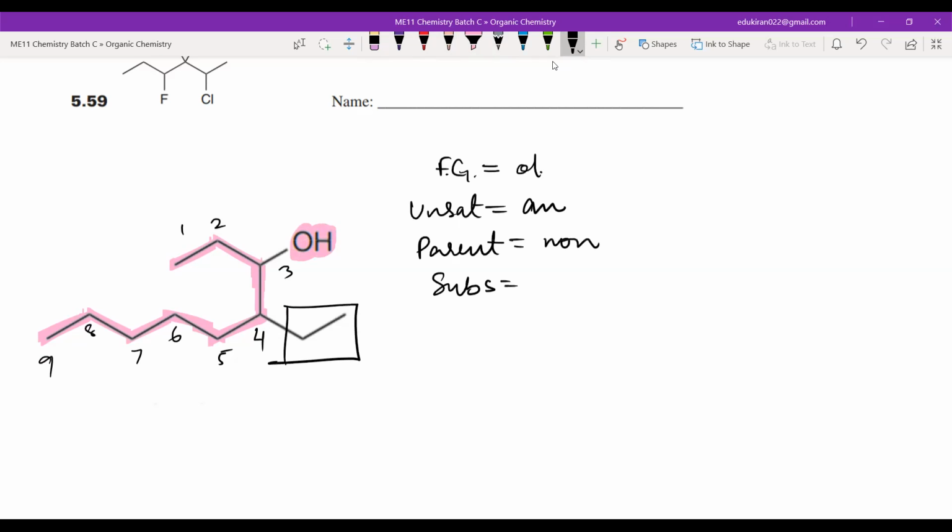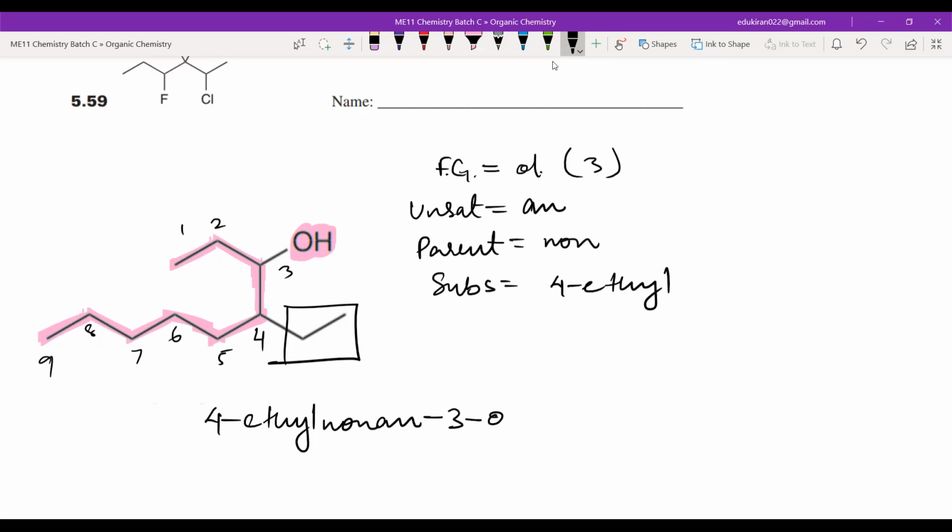Very good. 4-ethyl. So 4-ethyl, non, and then en, and then ol is in third position. So 3 ol you have to write. So you write 4-ethyl, then nonane, 3 ol. Easy.